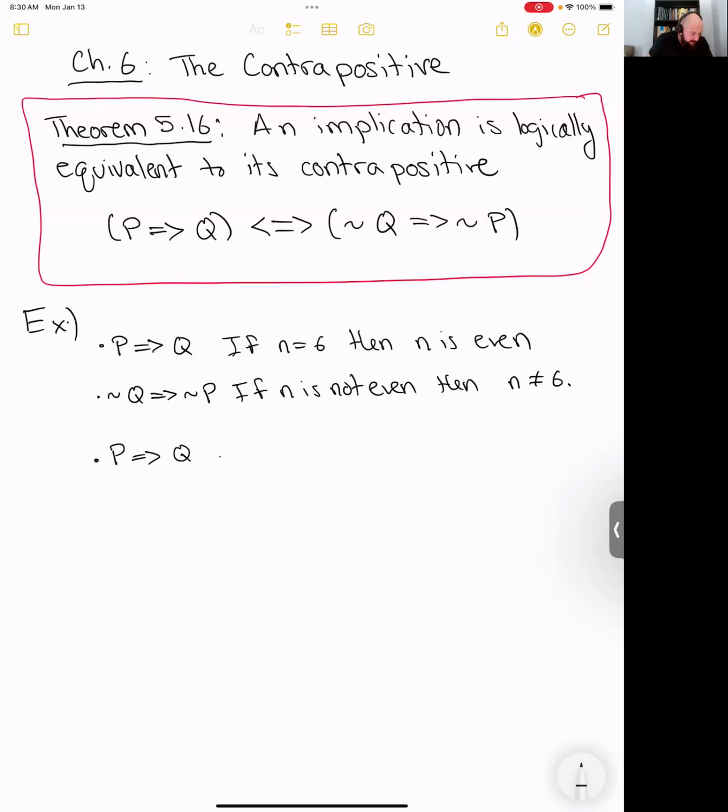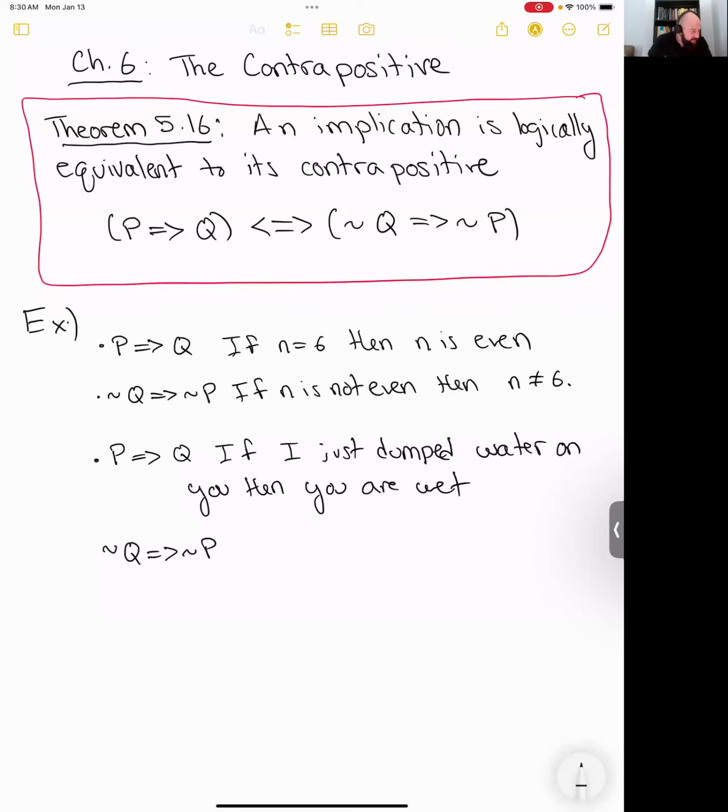So now, let's do one purely in words. If I just dumped water on you, then you are wet. Okay, and this is the kind of implication you'll study in logic for philosophy, but we can still do that here.